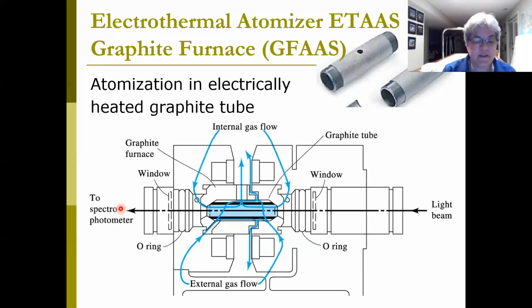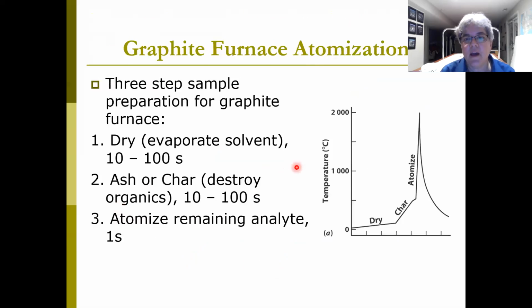Okay, now actually it's not as simple as we just heat it. It's actually a 3-step process. So I put my sample down in that tube, and the first thing I do is I use a fairly low temperature, maybe 100 degrees, to dry it. I want to remove the solvent. And that takes 10 to 100 seconds.